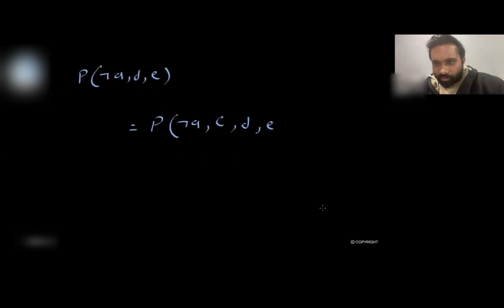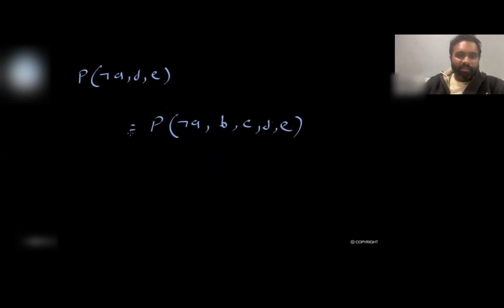So use the sum of joint probability and then the independence rule. You should use A, B, C, D, E. All such probabilities, you can just write, and you sum it for all possible values of B and C.